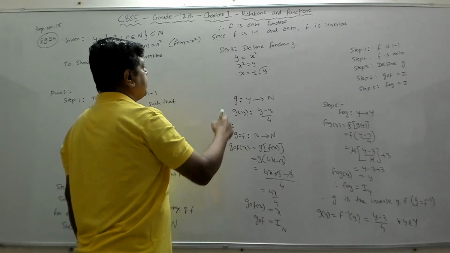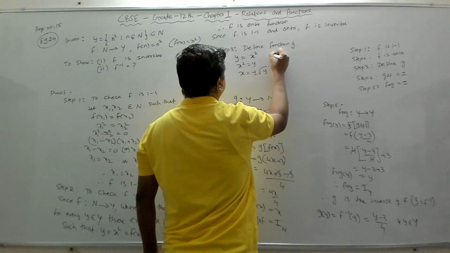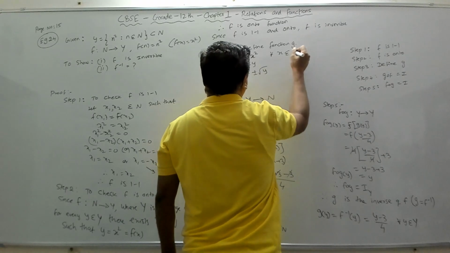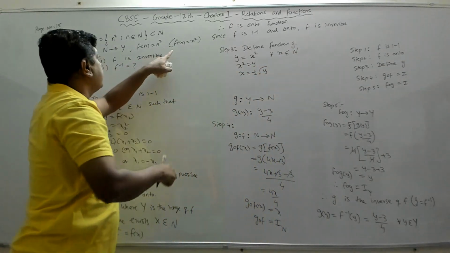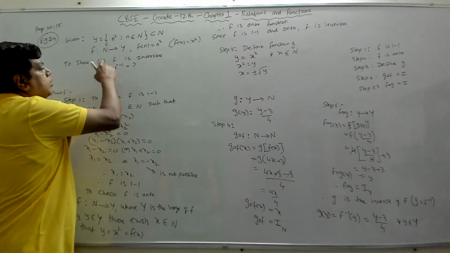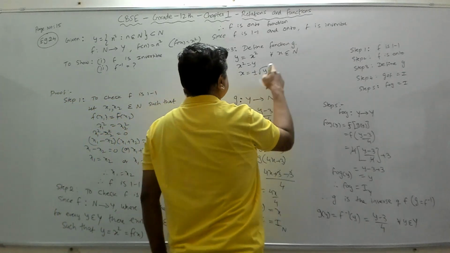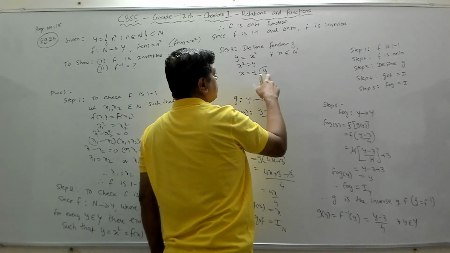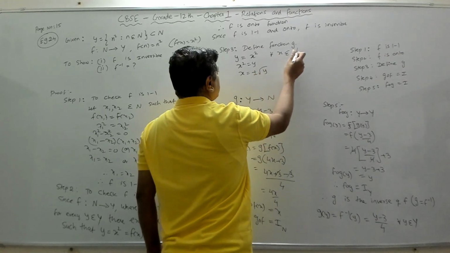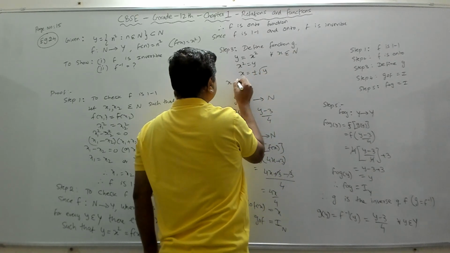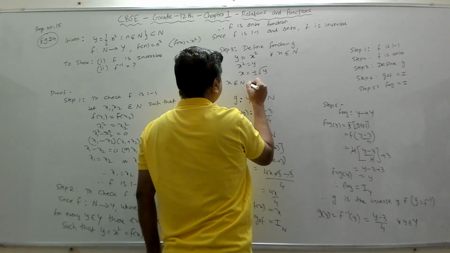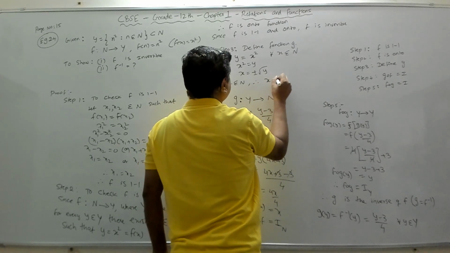This is for every x belonging to the natural numbers N: y equals x square for every x coming from the natural numbers. Now x is a natural number, therefore x cannot be negative root of y. X belongs to N, therefore x is equal to root of y only.